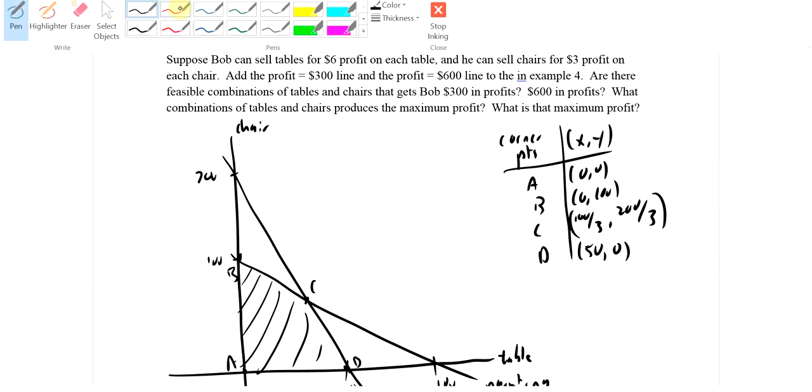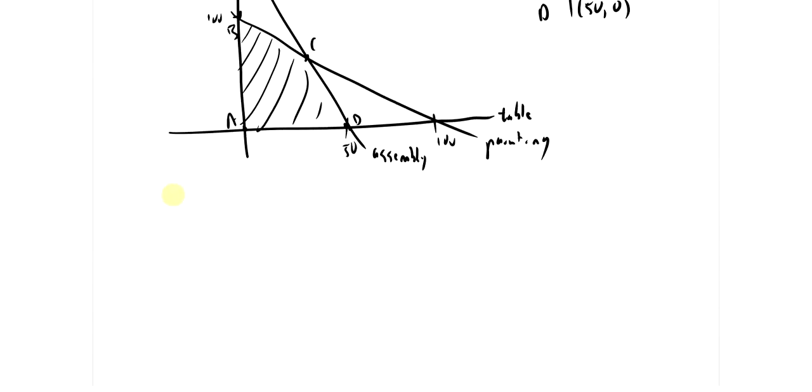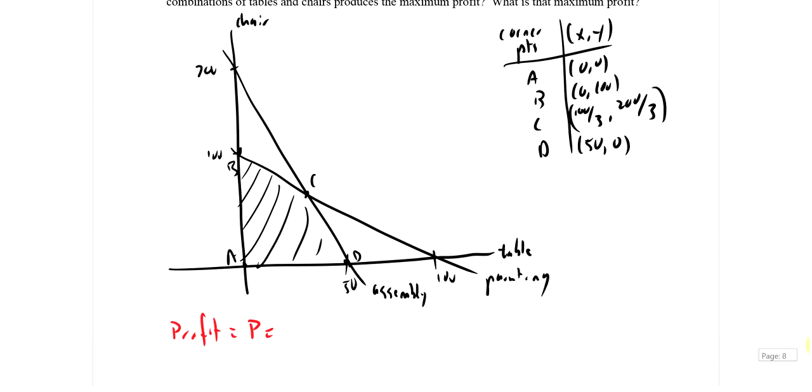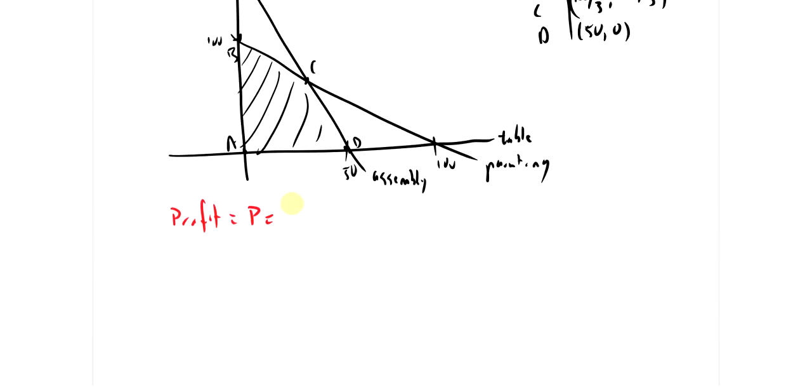Let's switch to a red pen for a moment. Profit, we'll call it P. Oh, it's a good letter for profit. $6 for each table, so 6x if he's selling x tables, and $3 for each chair, y number of chairs.